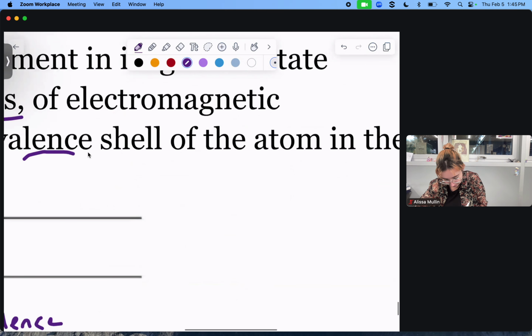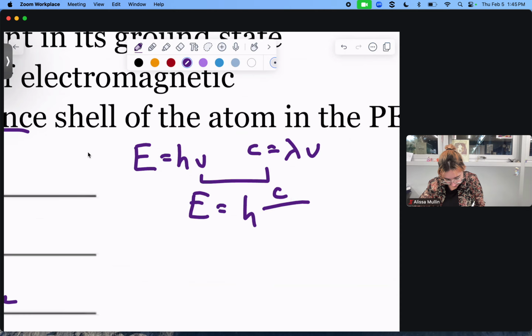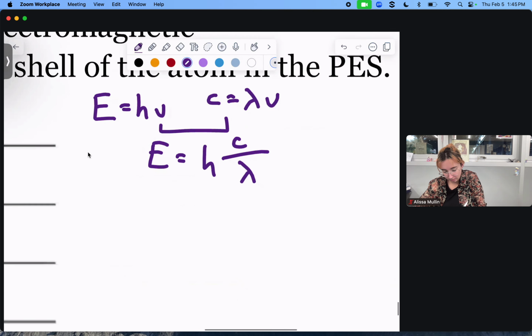And maybe you remind yourself, oh, hey, my two equations are this and this. And if I do a little rearranging, I could write this as this, where I know everything and I want to solve for lambda.